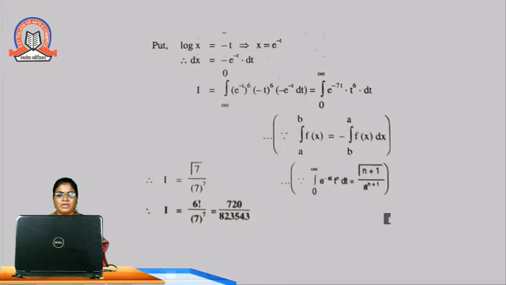Substituting the definition of gamma, we are getting I equal to gamma 7 upon 7 power 7. Using the factorial formula, we are getting the final answer as 720 upon 8,23,543.